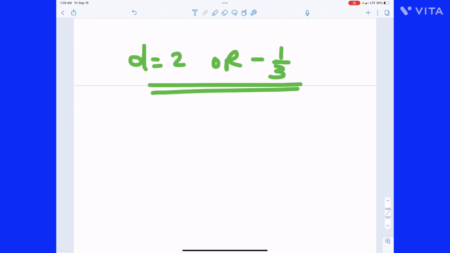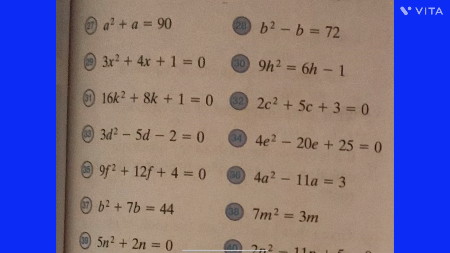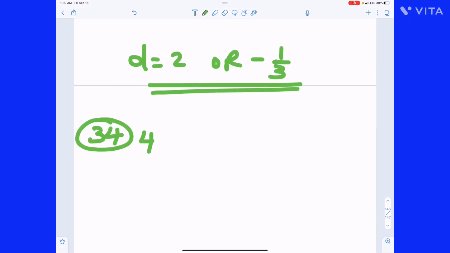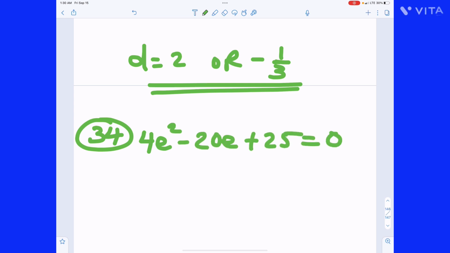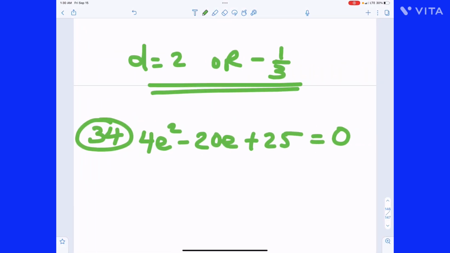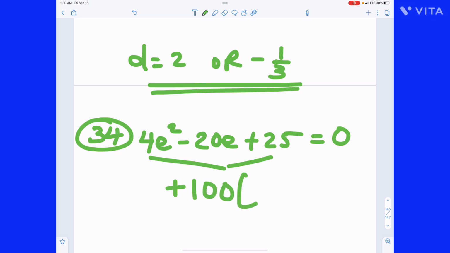Number 34. 4e squared minus 20e plus 25 is equal to 0. 4 times plus 25 is plus 100.